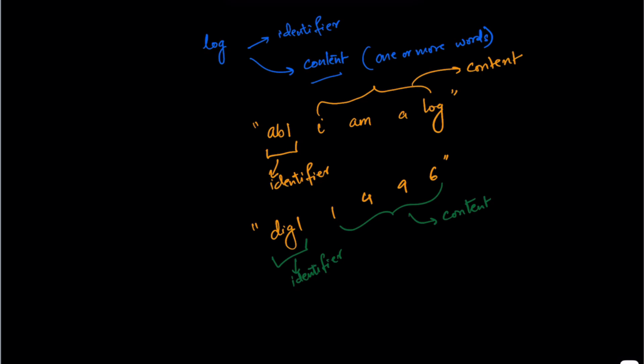So we need a way to check whether this is a letter log like the top one, or a digit log like the bottom one. And how do we do that? We will have to see what is inside the content of the log.